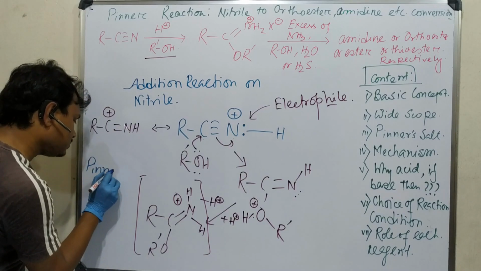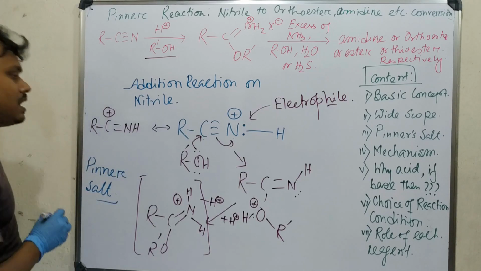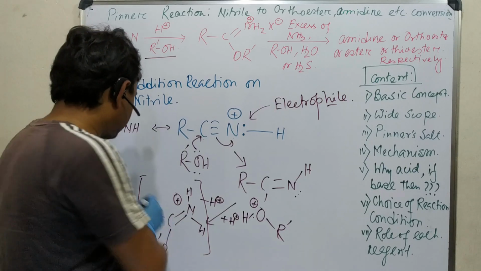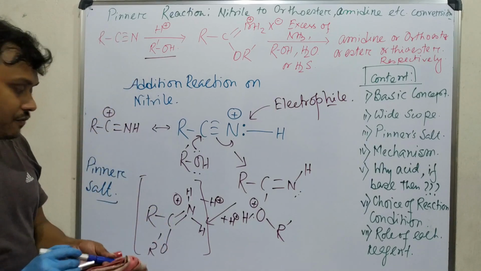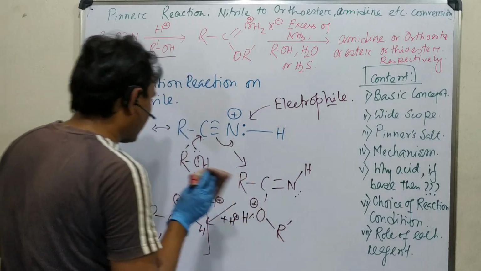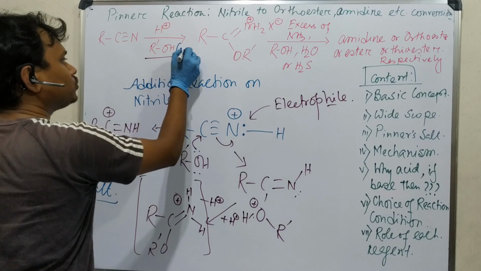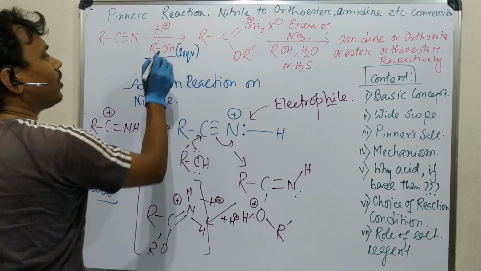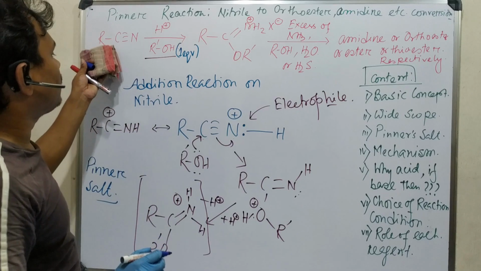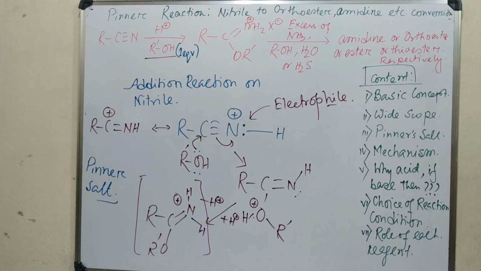Why am I giving emphasis on this? Because in every case, this is the intermediate. From this intermediate, other things will happen. So for this process, what is needed? At least one equivalent of alcohol is essential for the conversion of this nitrile to the corresponding Pinner salt.